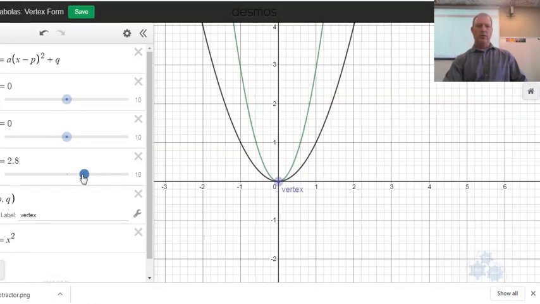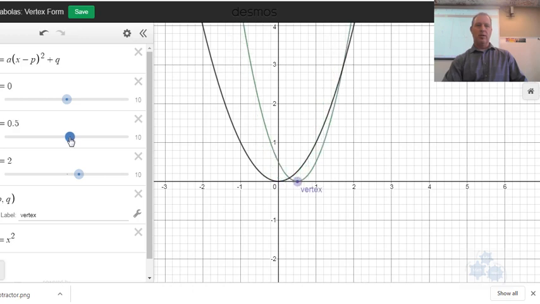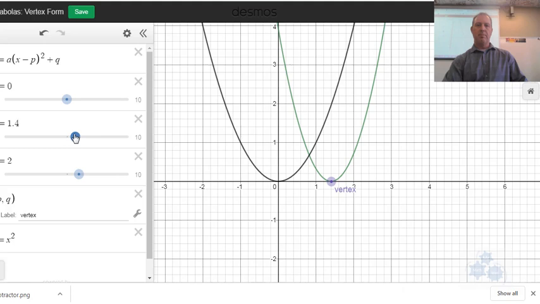So y equals 2, so I'm going to move my slider down here to 2. x minus p, with x plus 1, so that means that p is going to be minus 1. And notice, when I'm moving p there, you see how it moves the vertex left or right?